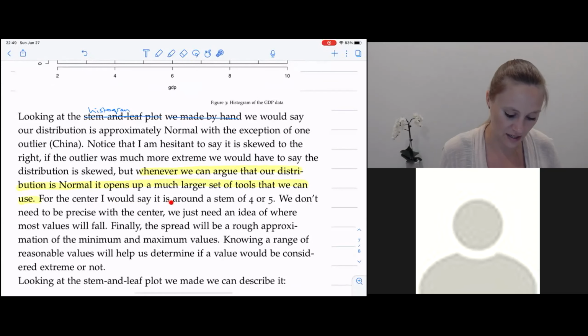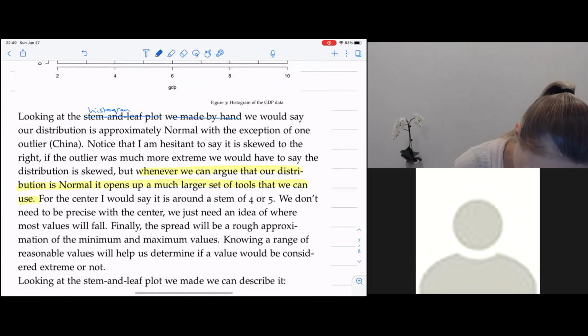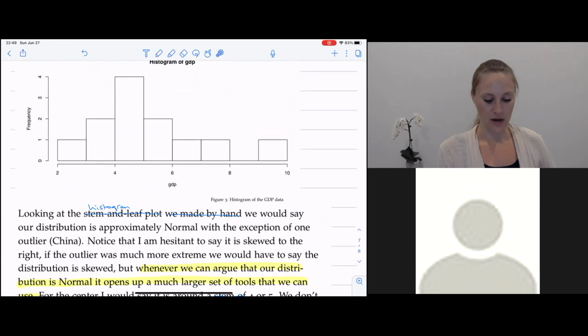So for the center, I would say it's around 4 or 5. So looking at the histogram here, right, maybe 4.5, 5-ish, right? Somewhere between 4 and 5. It looks like you kind of have to look at how these are broken up, 4 and 6.